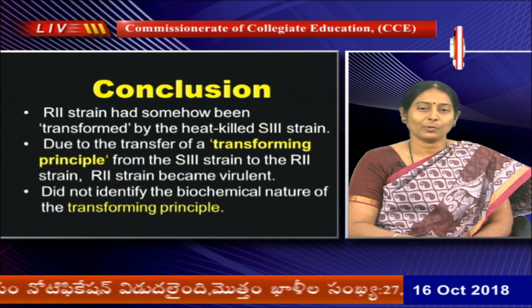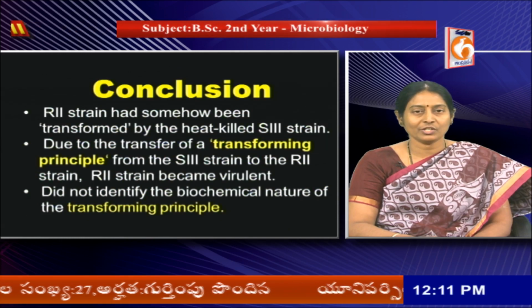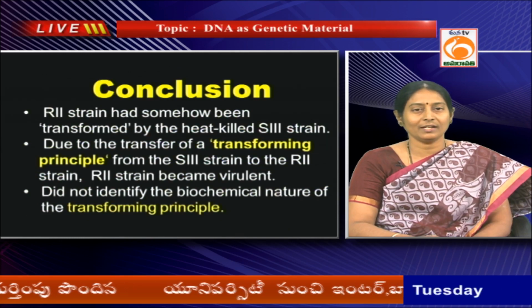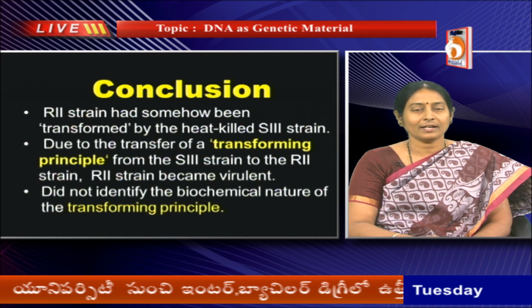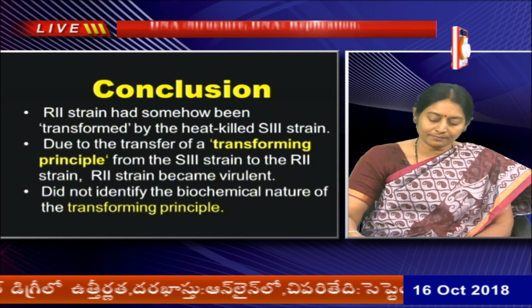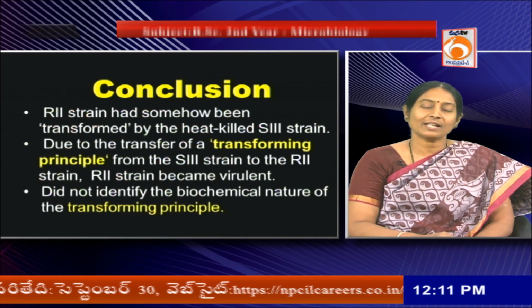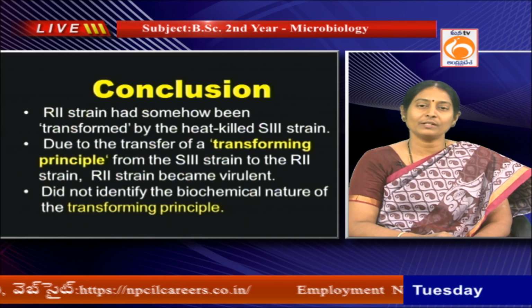Today we know transformation is a specific type of recombination, where a segment of DNA replaces another homologous segment on the bacterial chromosome. However, Griffith's experiment was a turning point towards the discovery of DNA as the genetic material, but he could not identify the biochemical nature of the transforming principle in his experiments.